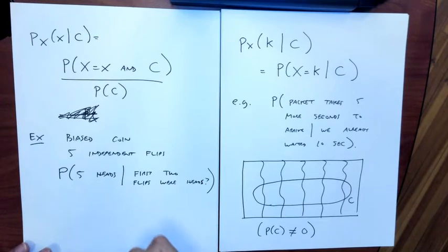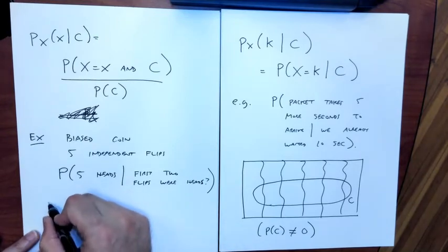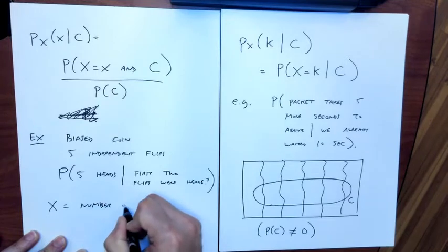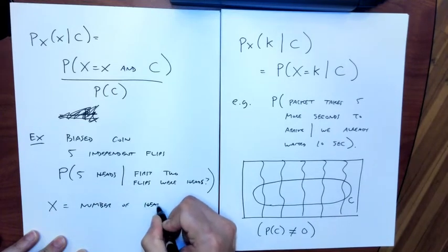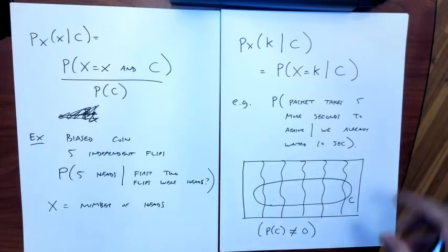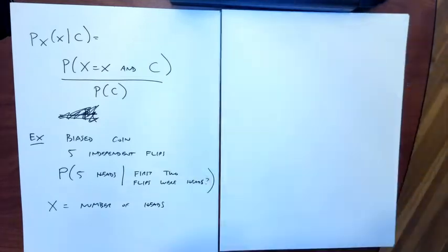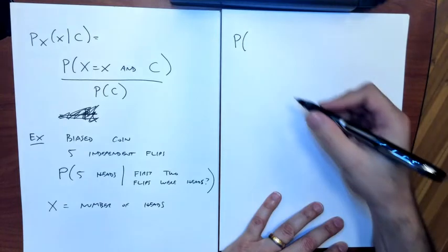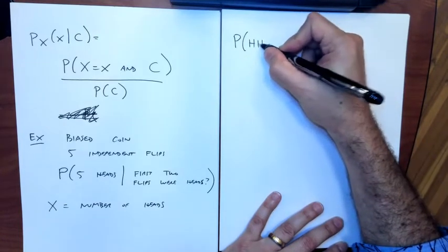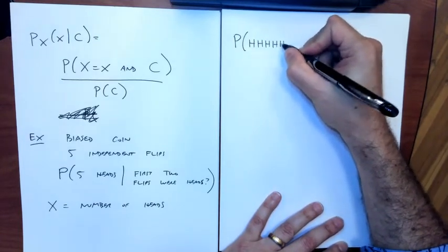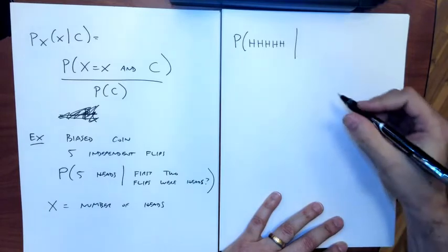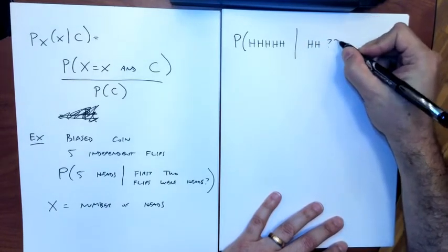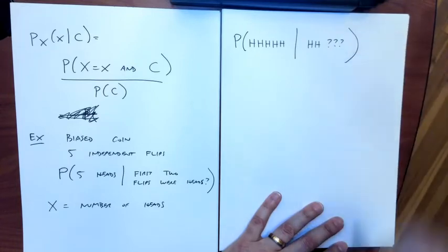So suppose that my x is the number of heads. That's my random variable. It's like saying, what's the probability that I got this pattern, given that I know the pattern is head, head, and then some other stuff?